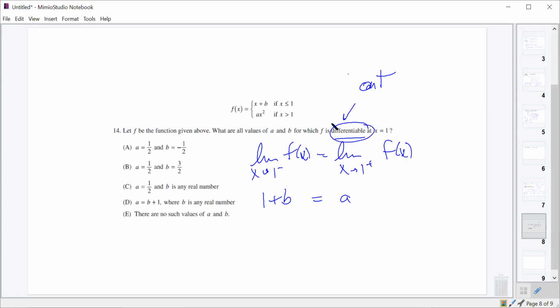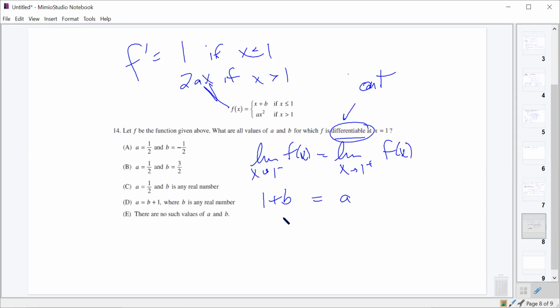If we want it to be differentiable at x equals 1, then the limit as we approach 1 from the left of f prime needs to be equal to the limit as we approach 1 from the right of f prime. So f prime is literally just 1 if x is less than or equal to 1, and it is equal to 2ax if x is greater than 1.